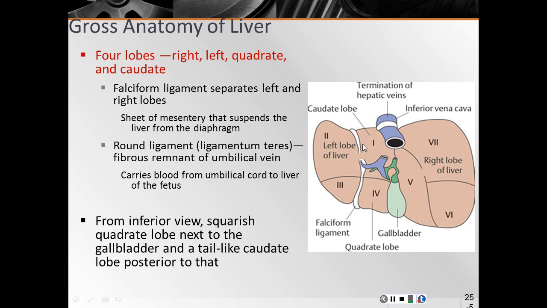We have our left lobe and our right lobe that are separated by this falciform ligament. Now the round ligament, also called the ligamentum teres, is also visible anteriorly and is a remnant of the umbilical vein.